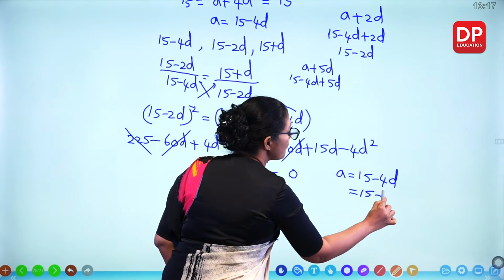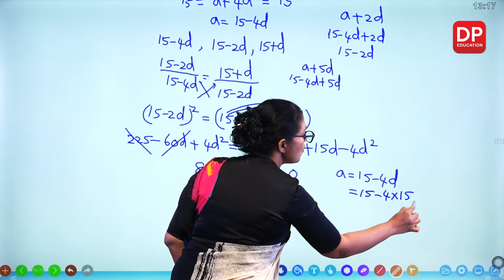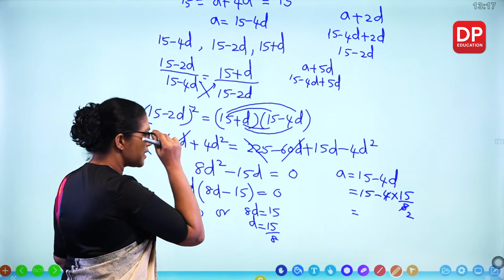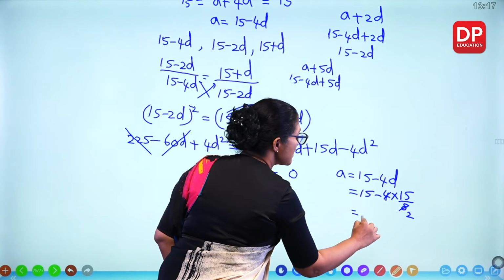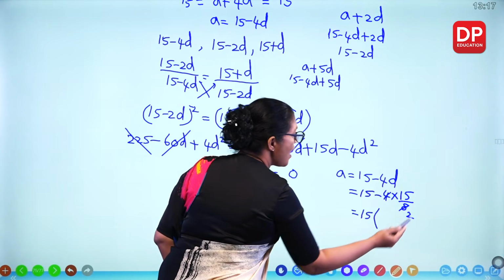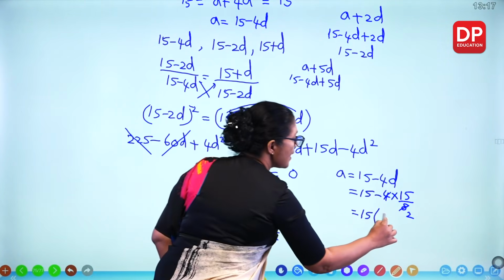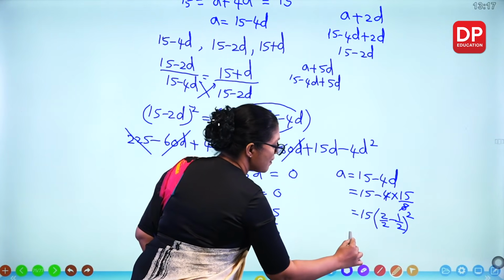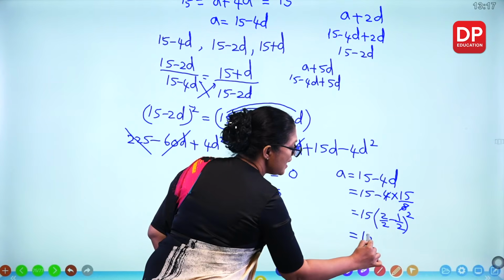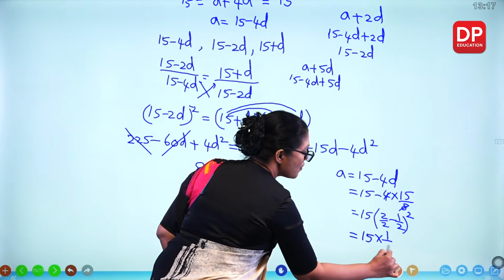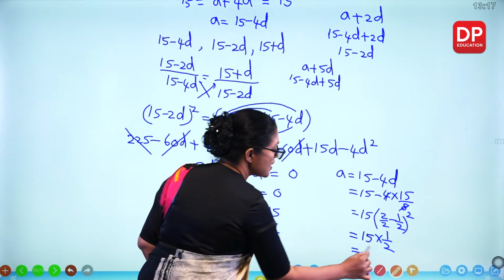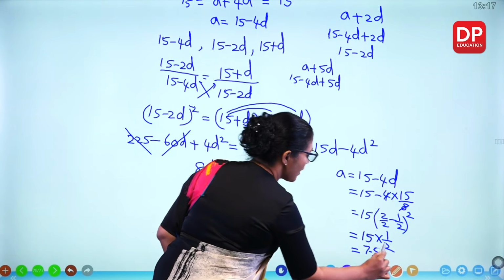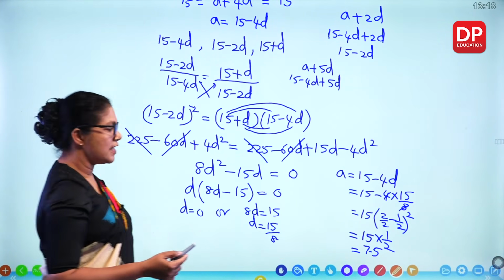Substitute here 15 over 8, 4 times, 2. Then I can write, this is 15, take it out, 1 minus half. 1 I can write as 2 over 2. Now simplify, I get 15 times half. So 15 times half is 7.5, or I can write 15 over 2.